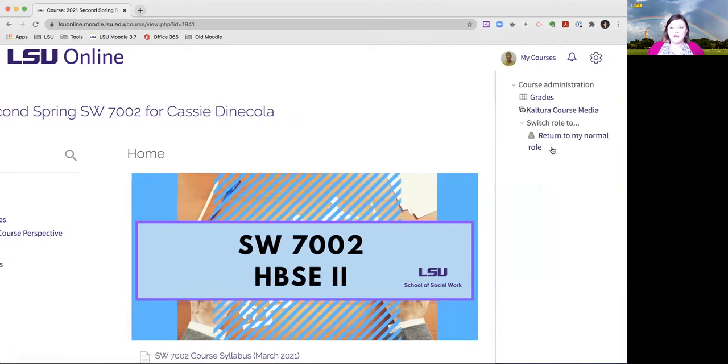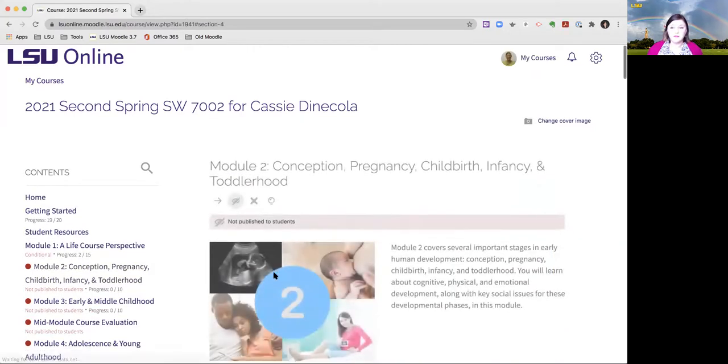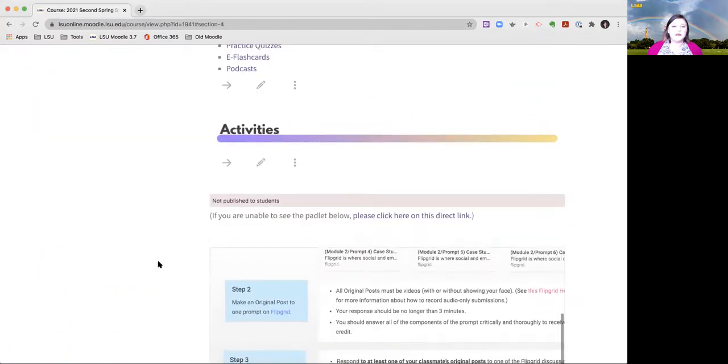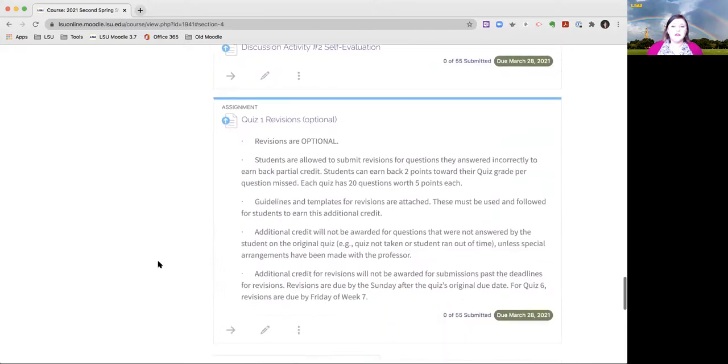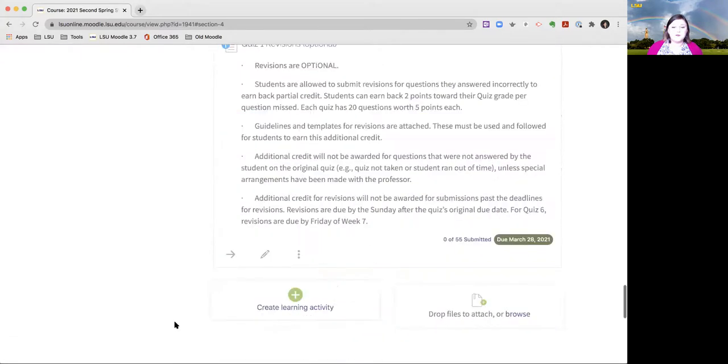I'm going to go ahead and show you my view because module 2 is not available to you yet. So you'll have module 2 available to you soon. We'll click on that and we'll scroll down, and you'll always be able to find the quiz revisions under activities. You also will have a link here in your checklist too, and it'll take you down to the revisions.